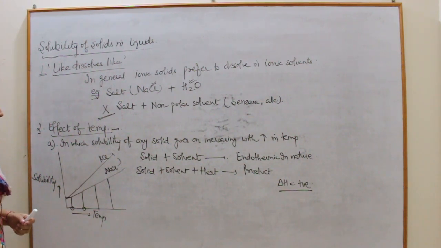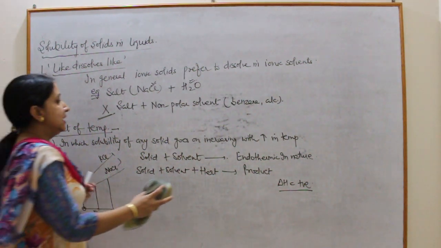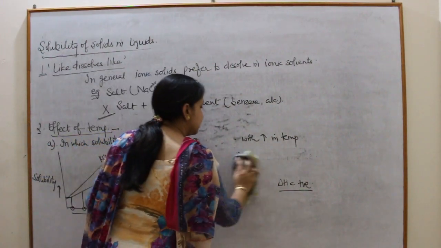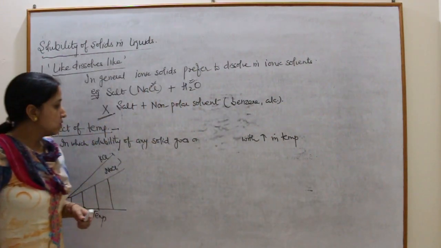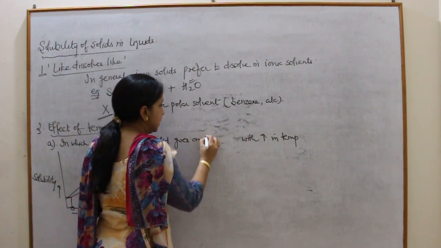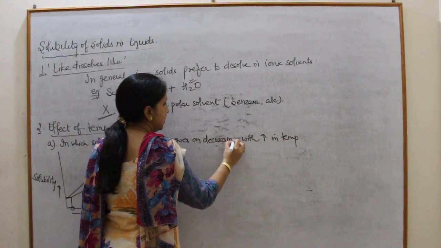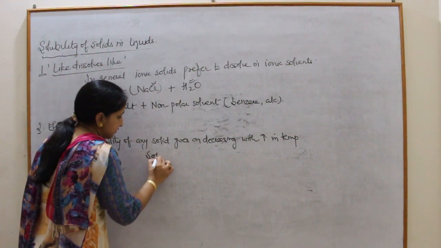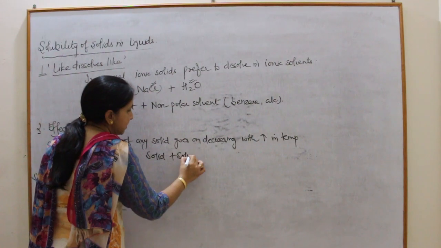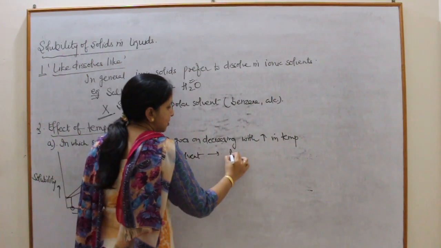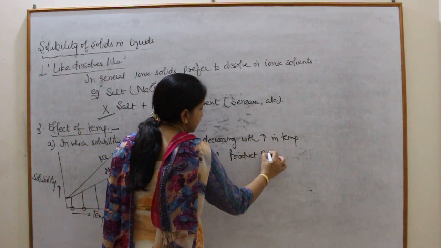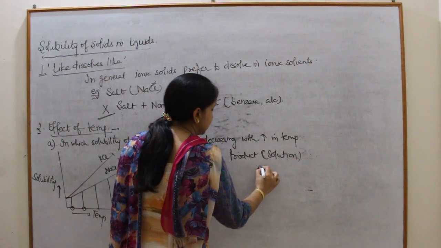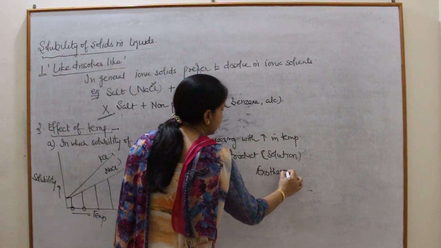Next, there are some solids whose solubility goes on decreasing with the increase in temperature. These types of solids, when they interact with solvent particles, the product, meaning solution, is formed, but now the reaction is exothermic in nature.